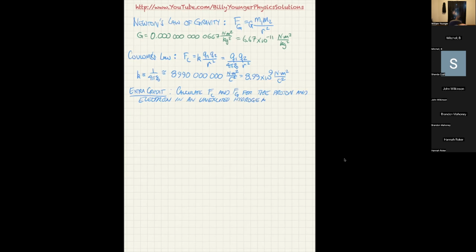Oops, I left off the N. I was wondering why my A was looking like an N. Then calculate. I don't like my L. It turned into a C looking thing. Then calculate F Coulomb divided by F gravity equals question mark.